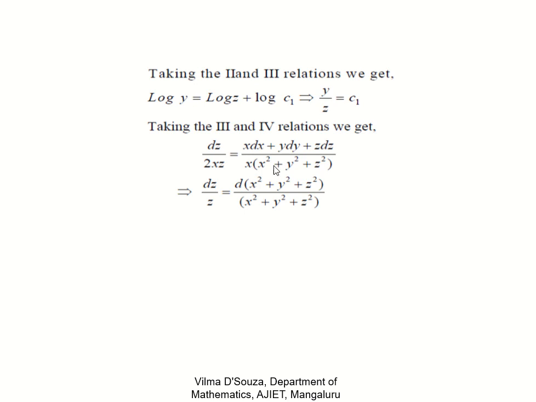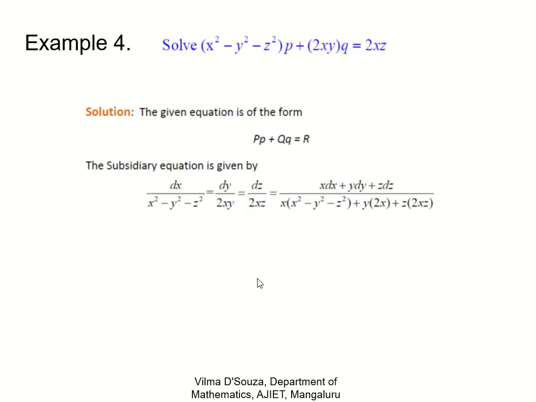So how do you get the other solution? For the other solution you can observe here, I have used the multipliers x, y, z. When you use the multipliers x, y, z, the terms are entirely different, so none of the terms get cancelled. So (x dx + y dy + z dz) divided by x(x² − y² − z²) + y(2xy) + z(2xz).